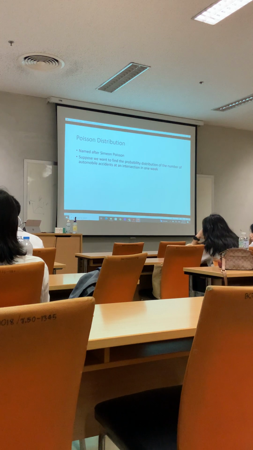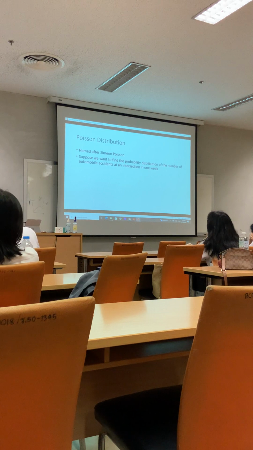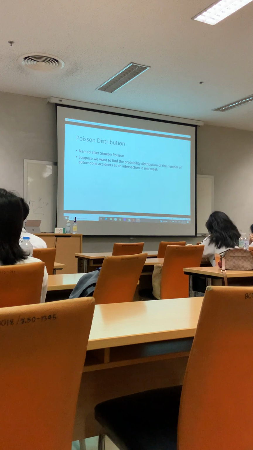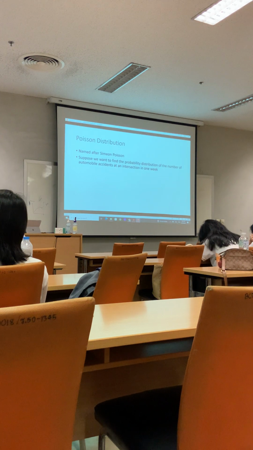It has to be an integer, like 0, 1, 2, 3, 4. So it's still a discrete random variable because the outcome cannot have a decimal point, like 1.5 or 2.75. They have to be whole numbers or integers.